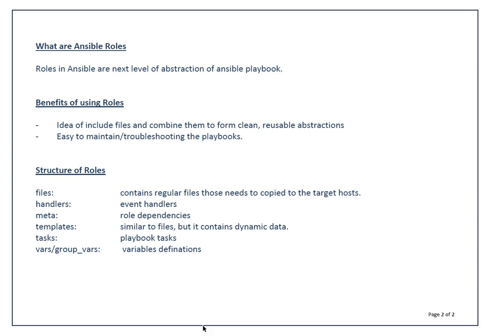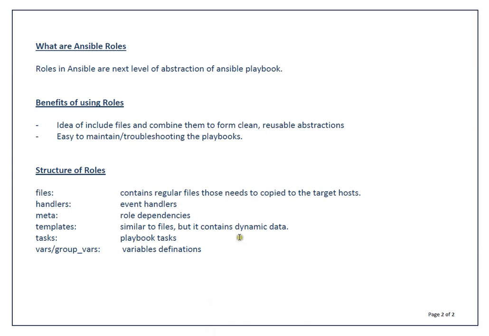When I say dynamic data, it means you can point to variables. I will explain in the technical session. Tasks are basically simple playbook tasks to install some package, to do some copy stuff, which we already discussed in the playbook. Variables or group variables are variable definitions.